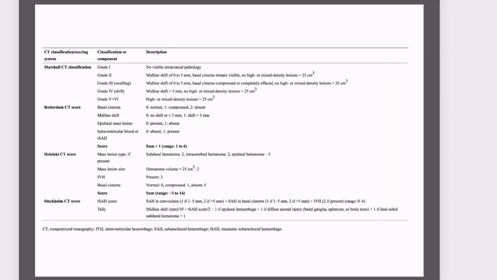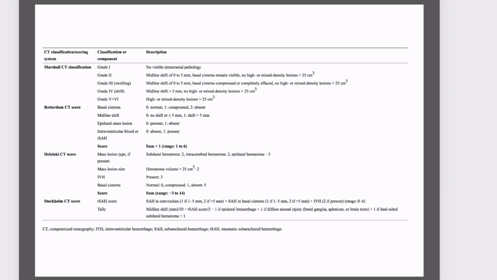You can see the comparative outcomes and comparisons among the various scores used in traumatic brain injury patients. The Marshall system classifies TBI into grades 1 to 6. Rotterdam has a score range of 1 to 6, and Helsinki categorizes TBI from -3 to 14.